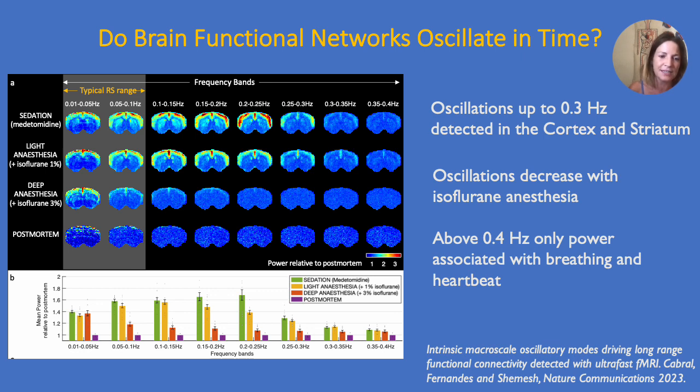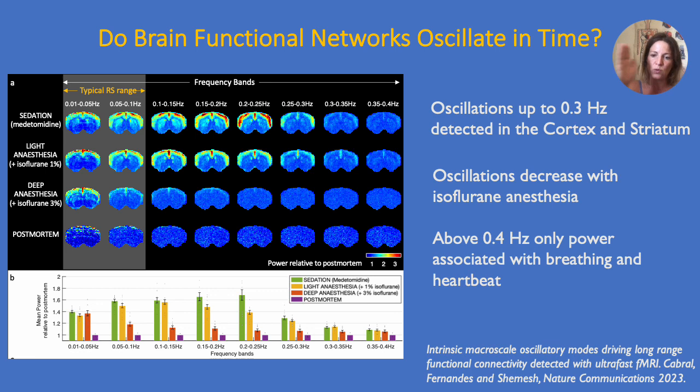We compare this relative to the post-mortem scans. So the voxels are colored according to how much power they have above the post-mortem scans. And we also did statistics. One thing that is interesting here, I highlight with a shade the typical range of frequencies considered in resting state studies.